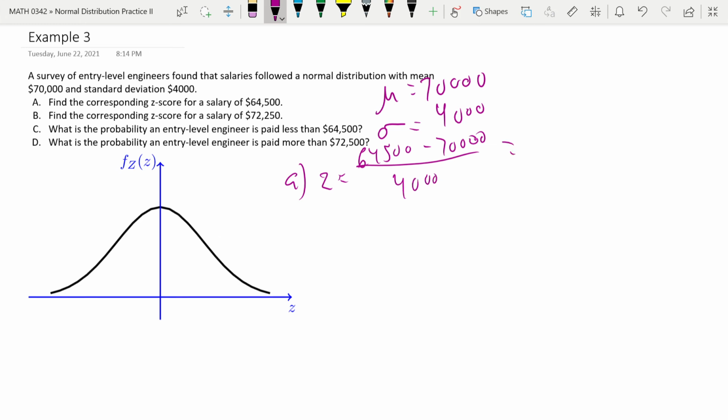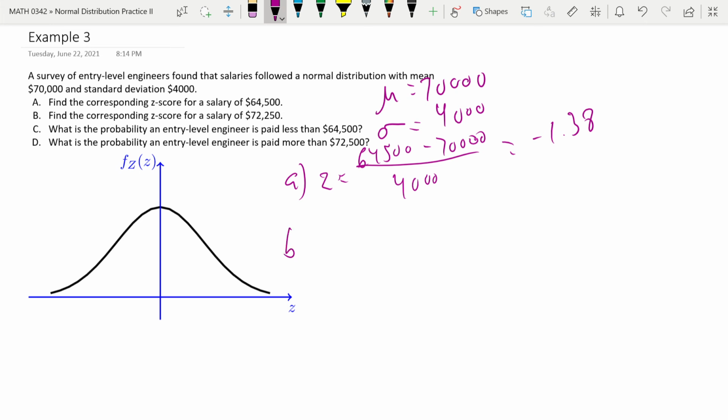And when we do all the work, we get minus 1.375, but we'll just round that to minus 1.38, just because our tables work with z-scores with two decimal places. If you want more specific results, you can use a calculator or certain statistical software.